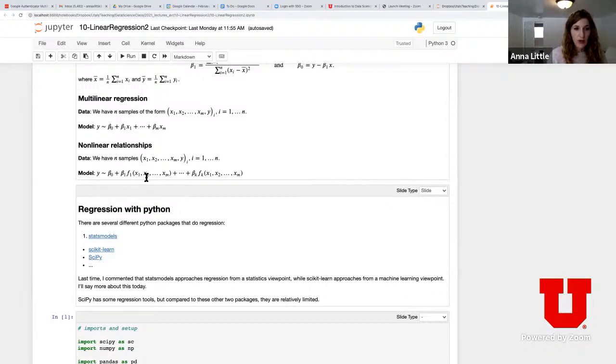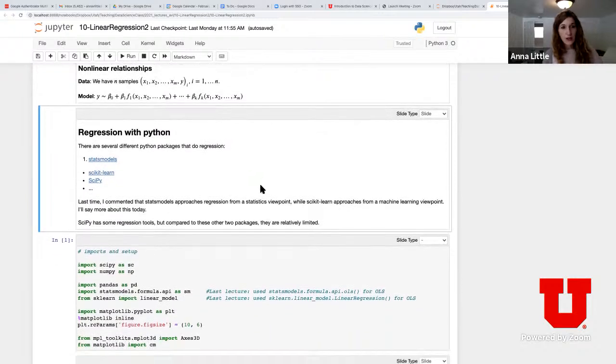This could be x1 squared, or it could be x1 times x2, or sine of x1, or e to the x1, right? So this could be really anything. But if we define new variables as nonlinear functions of the original variables, then the mathematical framework for computing these optimal coefficients is the same. We're still just solving a linear regression problem on these new variables.